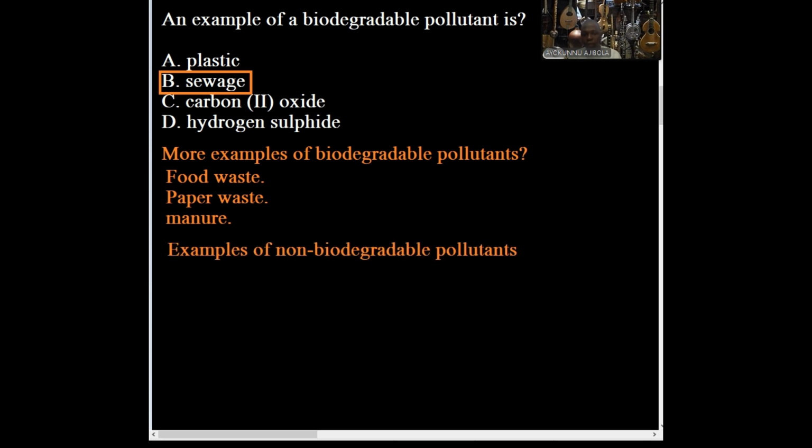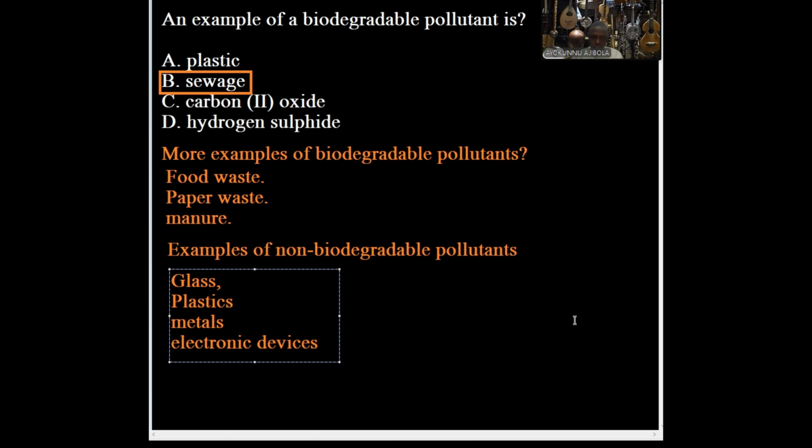We have lots of them. We can talk about glass, plastic, plastics, metals, ceramics, computer parts, that's part of electronic devices.